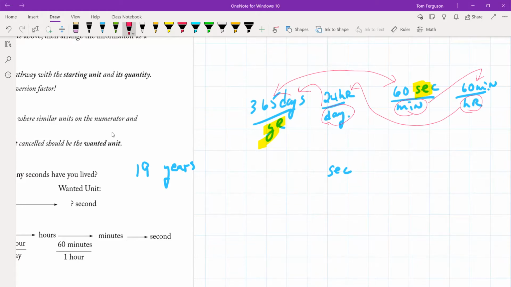Okay, so working from left to right, we're going to use the conversion factor that has year in it. We've now converted 19 years to days. Now we're going to take the days and convert that to hours.